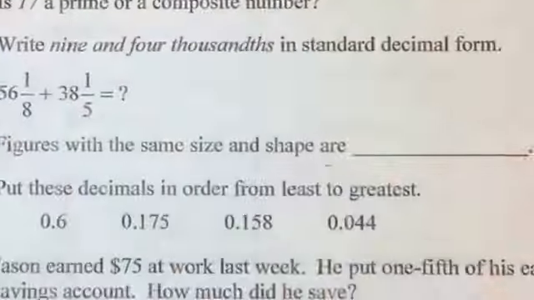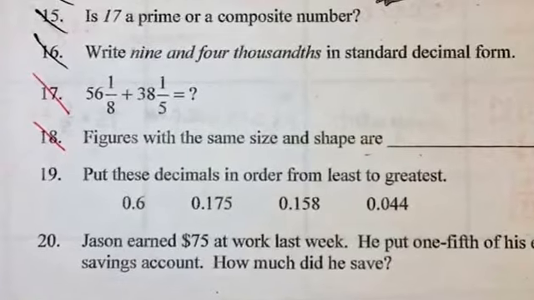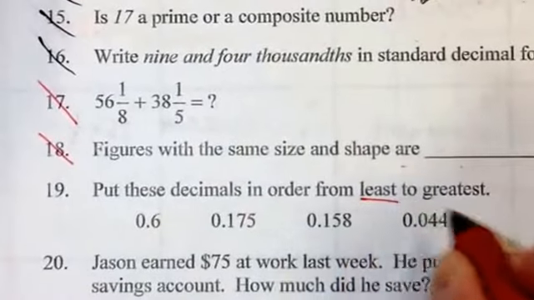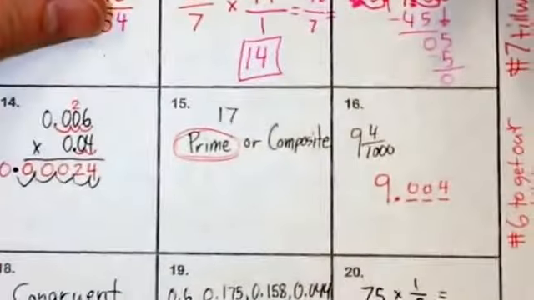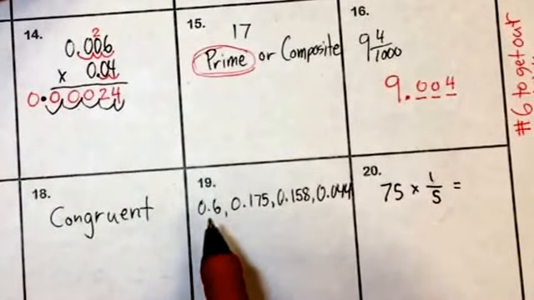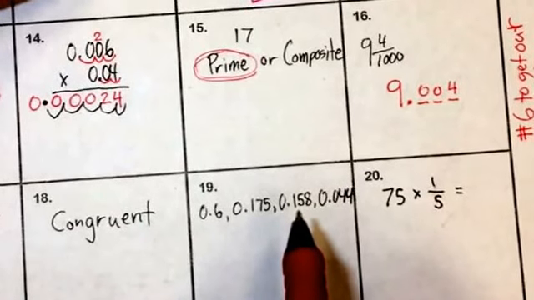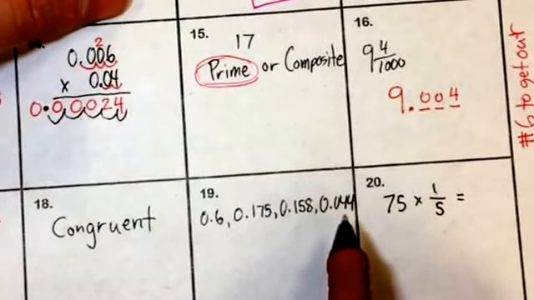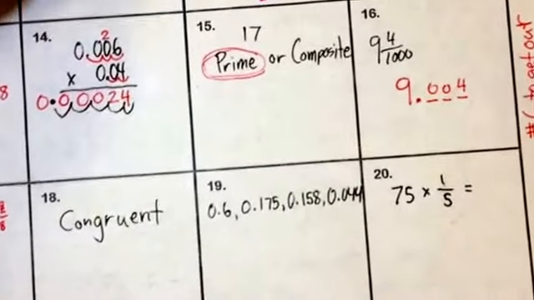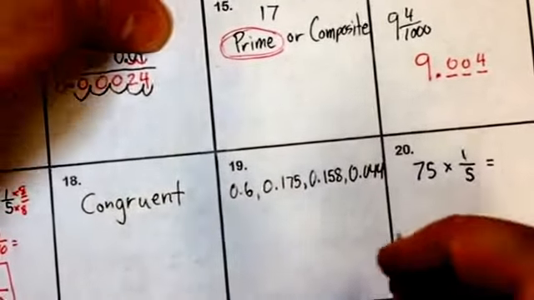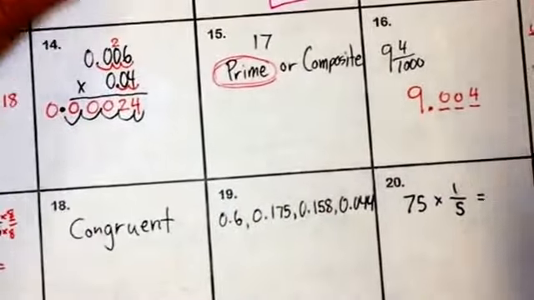Now, number 19. We need to put these decimals in order from least to greatest. As I look up here, I've got 6/10, 175 thousandths, 158 thousandths, and then 44 thousandths. Remember that really all you're doing is looking at your first digit.